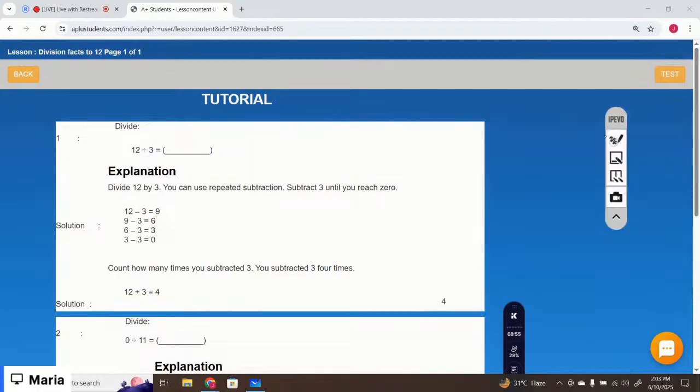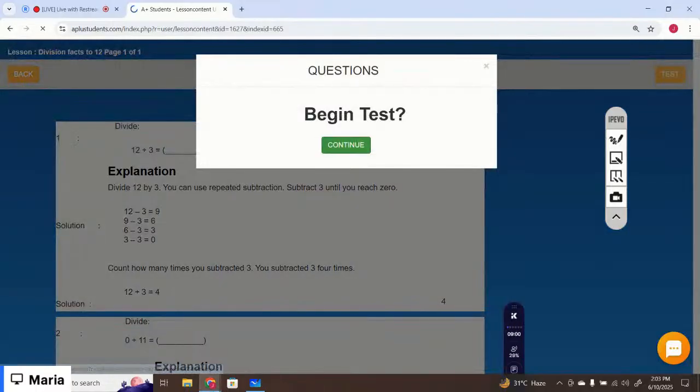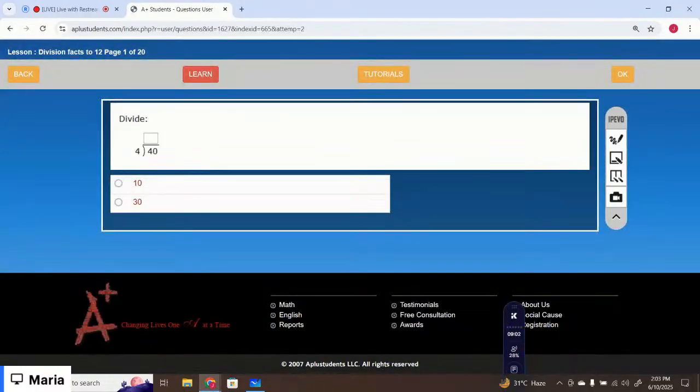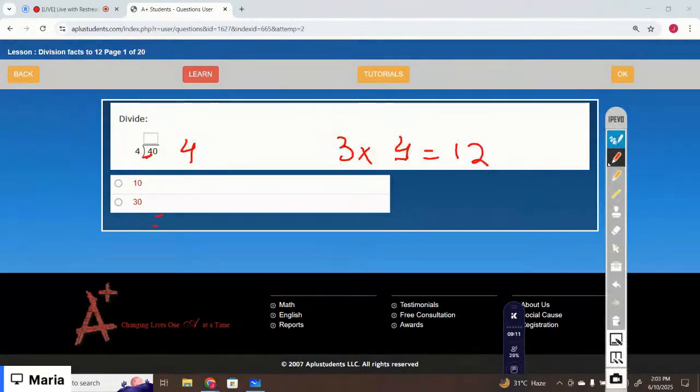Let's just start with the practice questions. 40 divided by 4. So you need to count 4 times what number is 40. If you are perfect with multiplication, you can also be perfect with division.